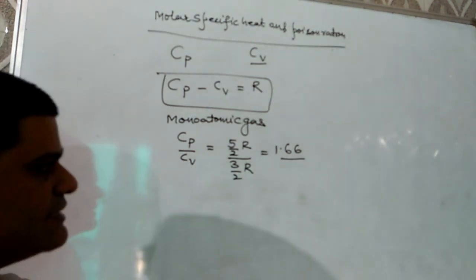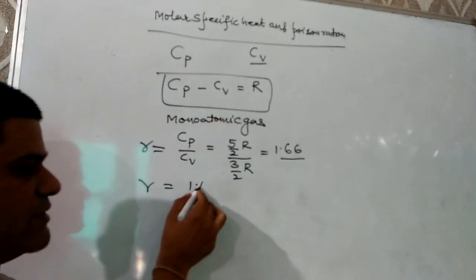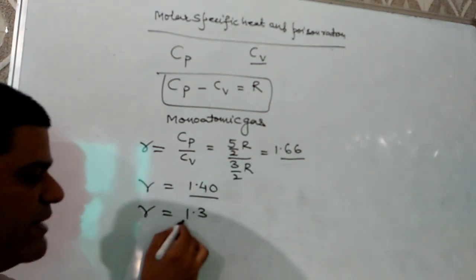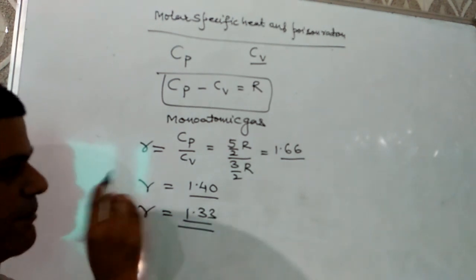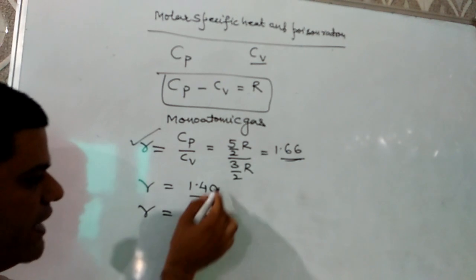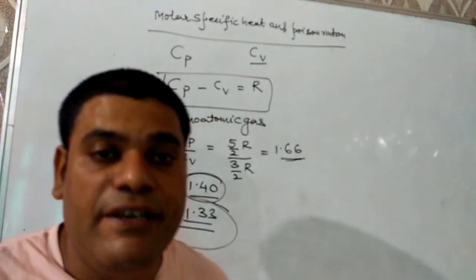For monoatomic gas, Poisson's ratio is 1.66. For diatomic gas, it comes out to be 1.40, and for triatomic gas, it is approximately 1.33. I am repeating, for monoatomic, Poisson's ratio is 1.66, diatomic 1.40, and for triatomic it is 1.33.